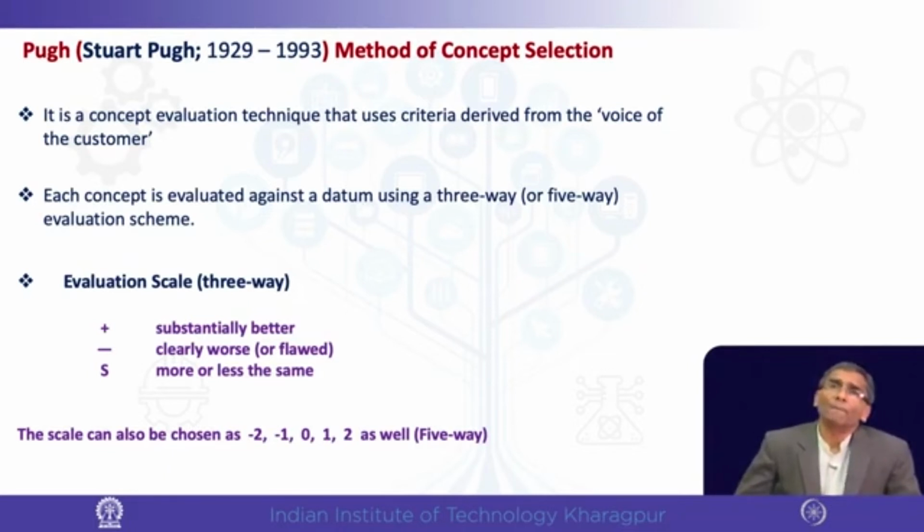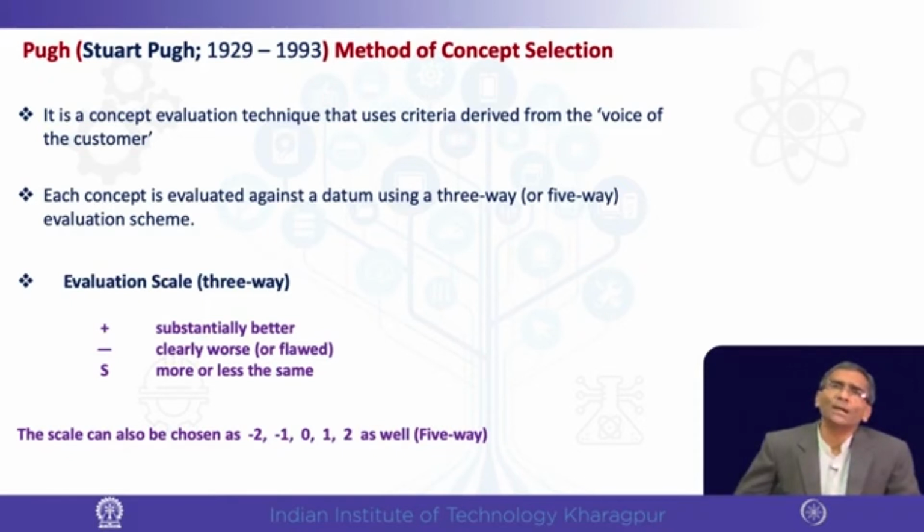So, what I just now said is better, worse or nearly the same. So, I have just talked about three attributes or three grades. Now these three can be expressed numerically.